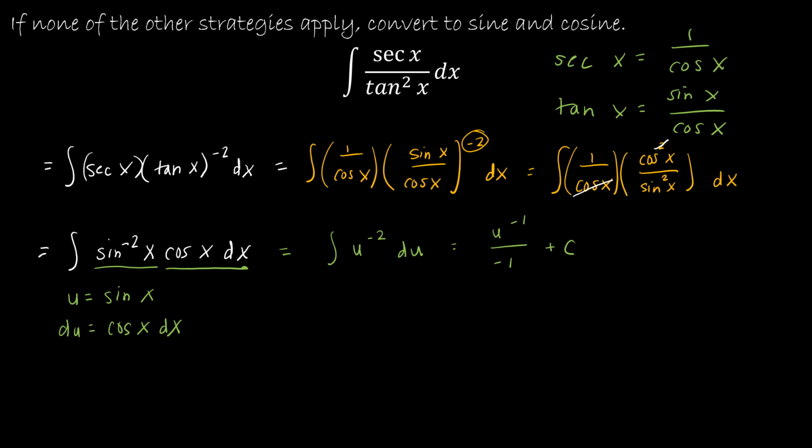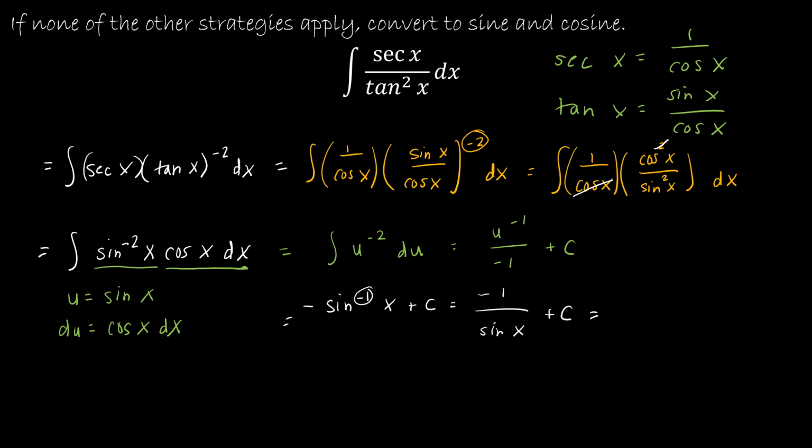Now u to the negative 1 is sine to the negative 1 of x over negative 1 plus c, which is really just, not as a fraction, negative sine to the negative 1, plus c. Now, keeping in mind that this negative 1 just makes it a fraction, this is actually negative 1 over sine of x plus c.